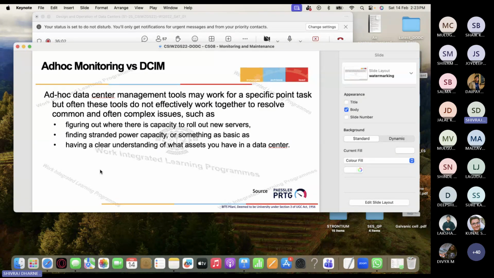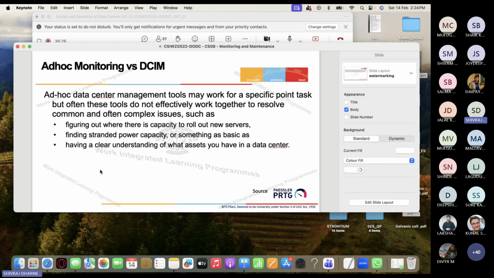If you have ad hoc monitoring, then what will happen? It may work for a specific task, a very small system or something, but these data center infrastructure management tools effectively work together to resolve common or often complex issues, right? Those can be capacity related, server capacity, memory capacity, power related, anything.